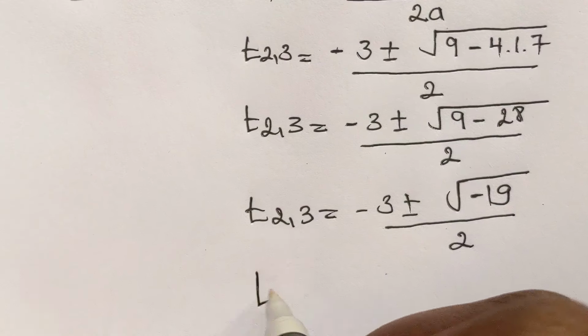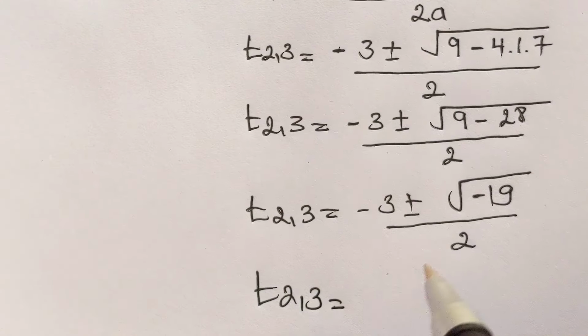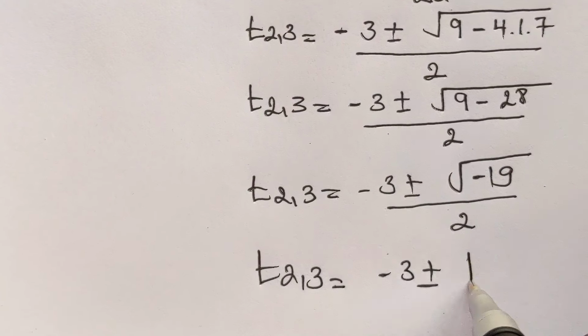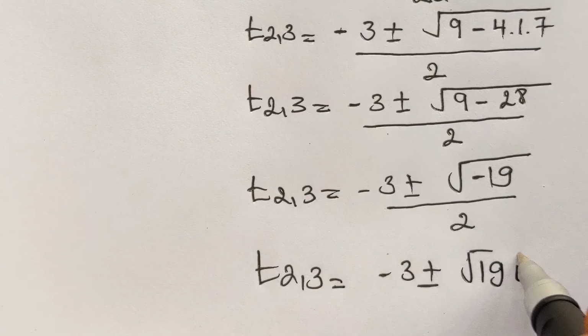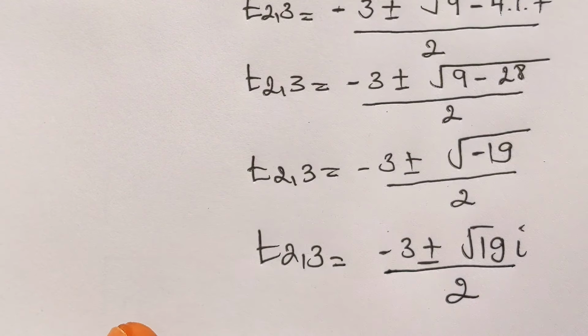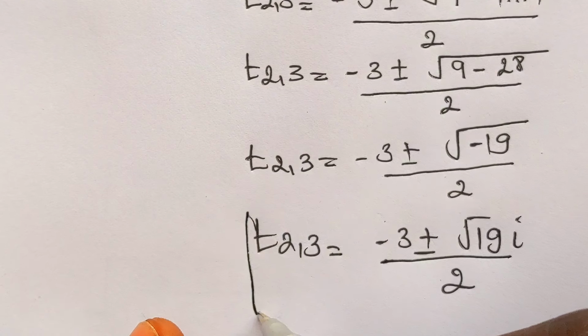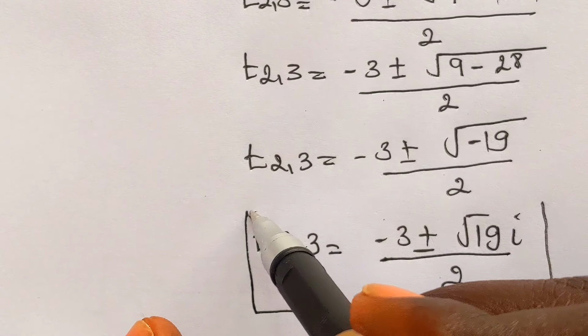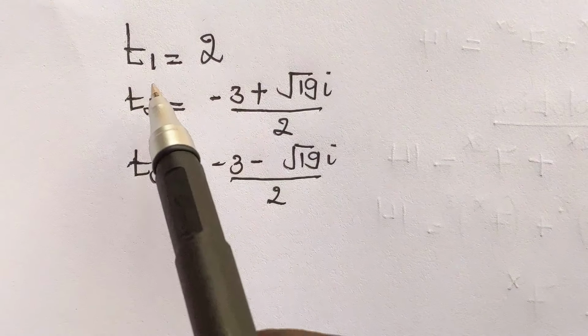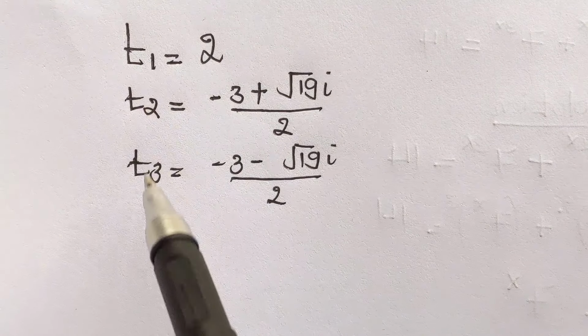So t2 and t3 will be negative 3 plus or minus square root of 19 i, over 2. This is t2 and t3. These are the values of t: t1, t2, and t3.